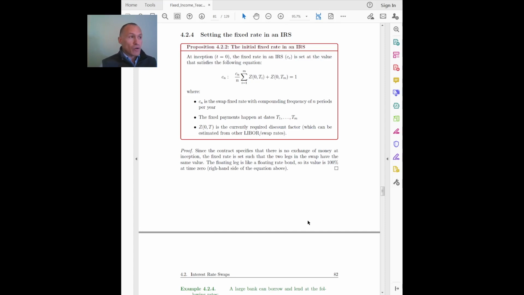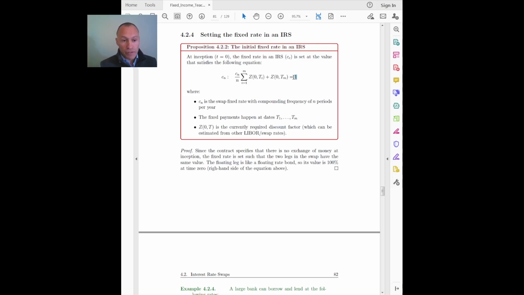Right? What is the value of the floating leg? Well, we are at the beginning of a reset date, so the value of a floating rate bond at the reset date is 100%. I just said that the 2 legs have to have the same value, such that the whole package has a value of 0.